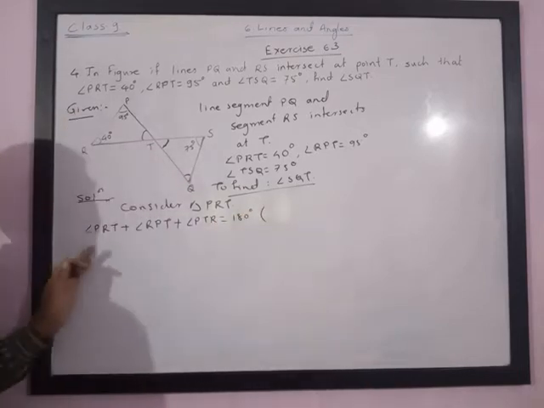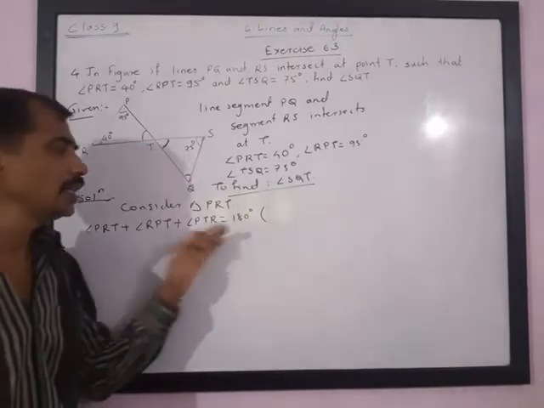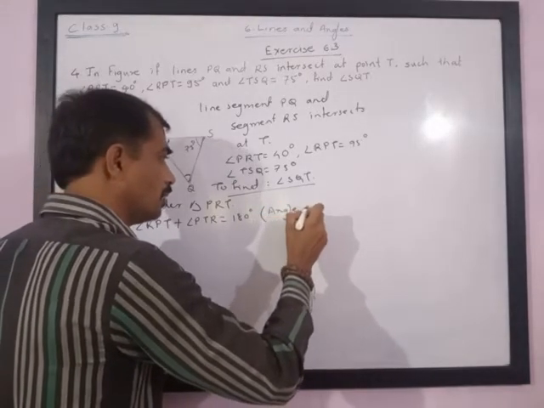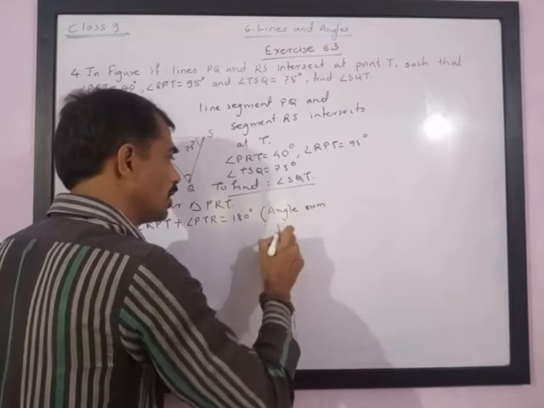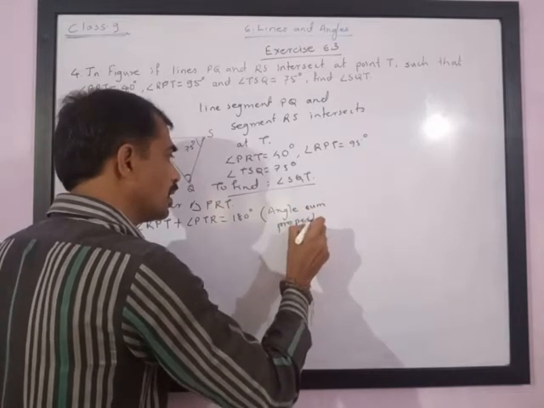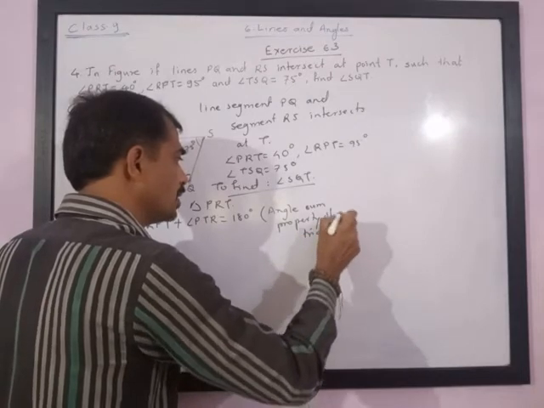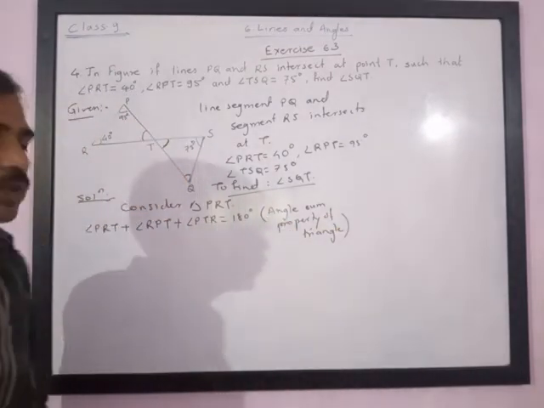We know that the sum of interior angles of a triangle is 180 degrees. So the reason can be written as angle sum property of triangle. Or you can write the property itself. Property is sum of interior angles of a triangle is 180 degrees.